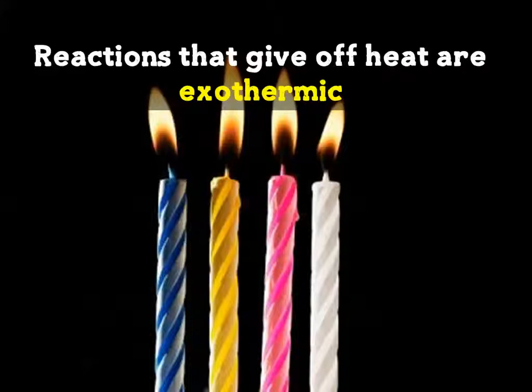So one example is candles. When candles are burning, when the wick is burning, it's giving off heat. We call those reactions exothermic. You can think of exo as exit, meaning outer. It's giving off heat, so it's exothermic.